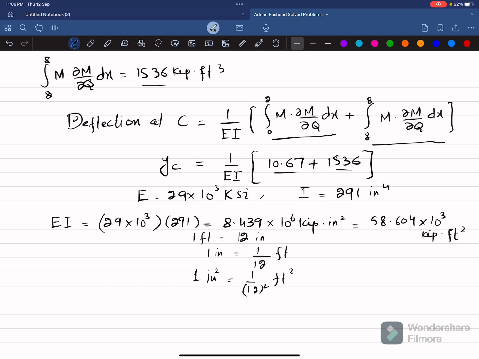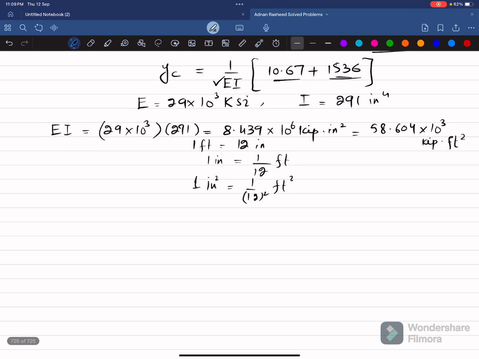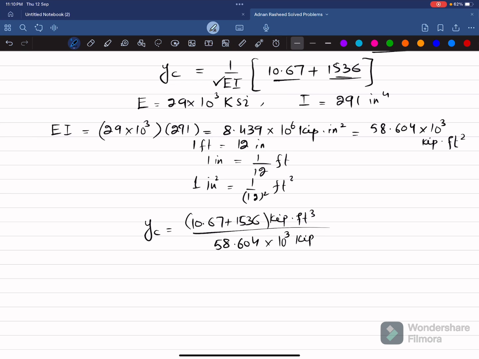Now these terms are in kips into cubic feet, and this is kip into feet square. So YC is equal to 10.67 plus 1536 having unit kip into cubic feet, divided by EI, which is 58.604 into 10 raised to power 3 kip into feet square.